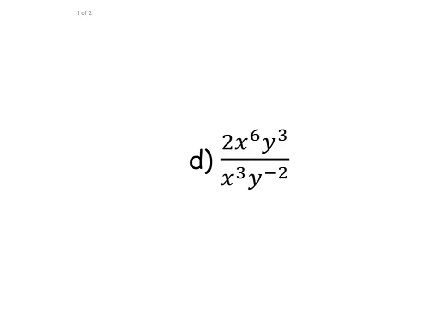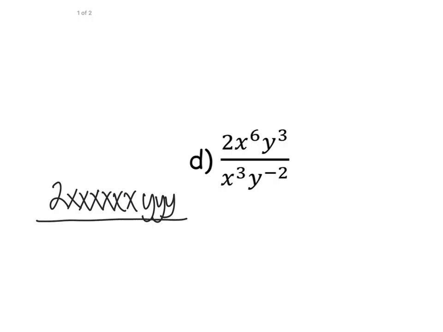Maybe I'll do both ways. 2, 6 X's, 3 Y's, X to the third. Okay, what about this Y to the negative 2? What happens to a negative exponent? Goes to the top. So you need to put the Y squared on top. So add it to the top now.